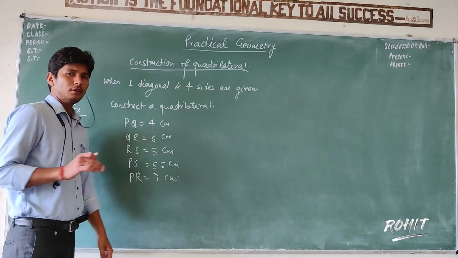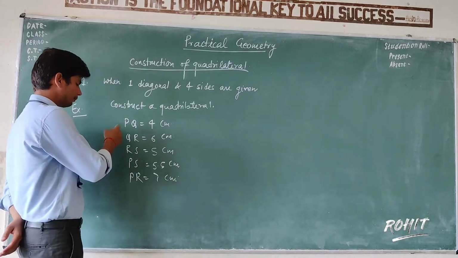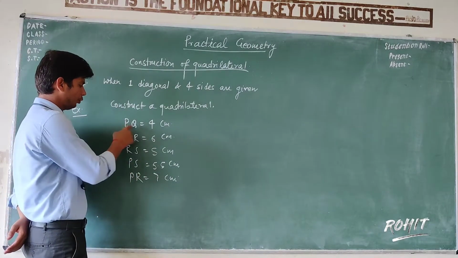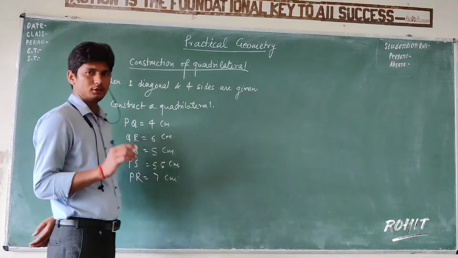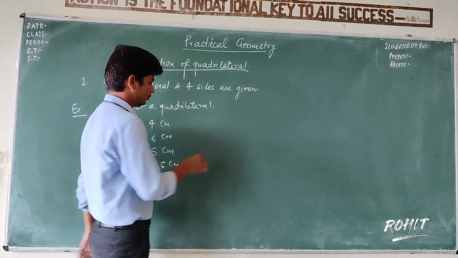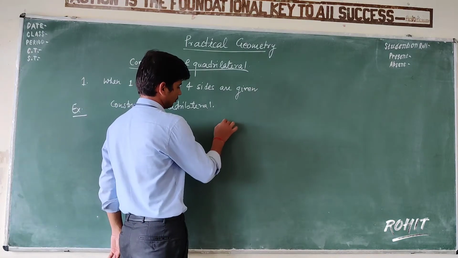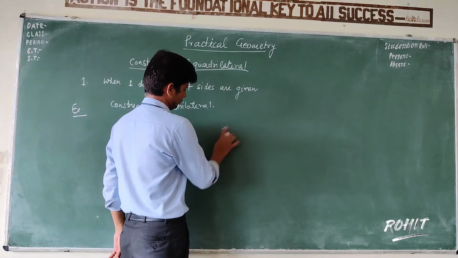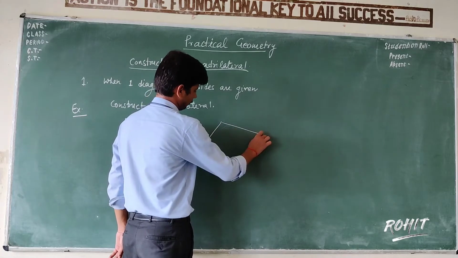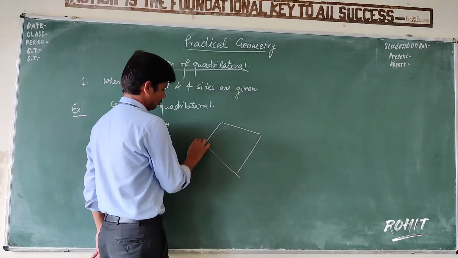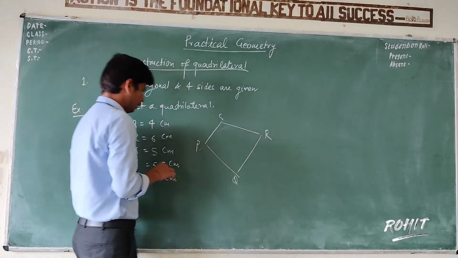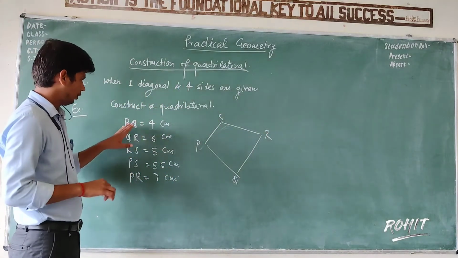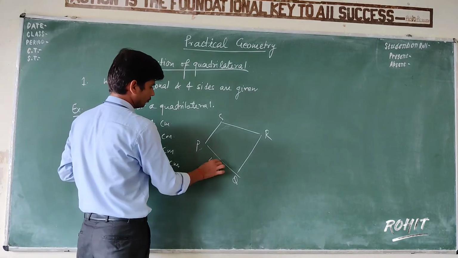Now first we will draw a rough sketch of the quadrilateral. PQ, QR, RS, PS and PR. So PQRS is our quadrilateral. Suppose this is the graph. P, Q, R. Now PQ that is 4 centimeter.